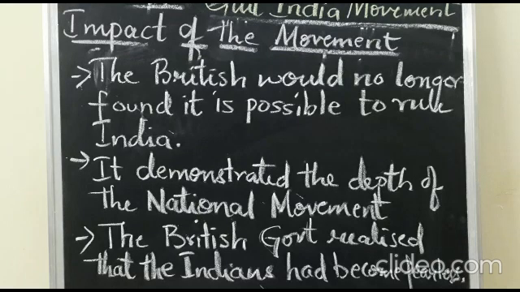The Indians were ready for anything for freedom. They were ready to sacrifice themselves. People from all over the country participated and thus it became a mass movement. The British government was finding it increasingly difficult to suppress the Indian national movement.